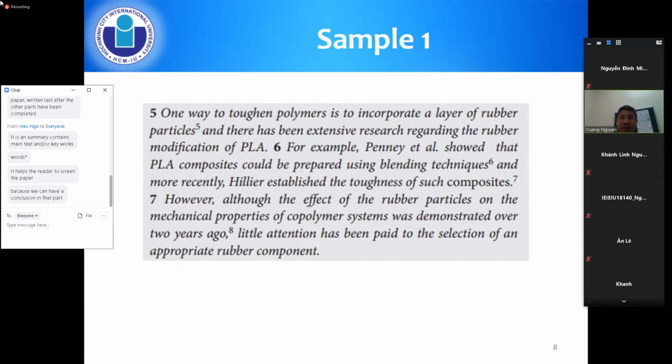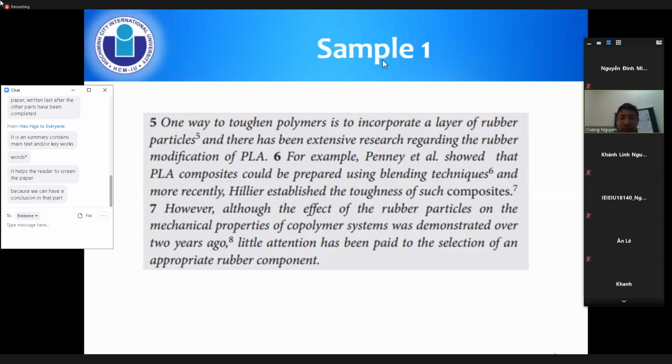Okay, you see the link to literature now. For example, Penney showed that PLA composites could be prepared using blending techniques, and more recently, Hillier established, Julia is one more scholar, okay?